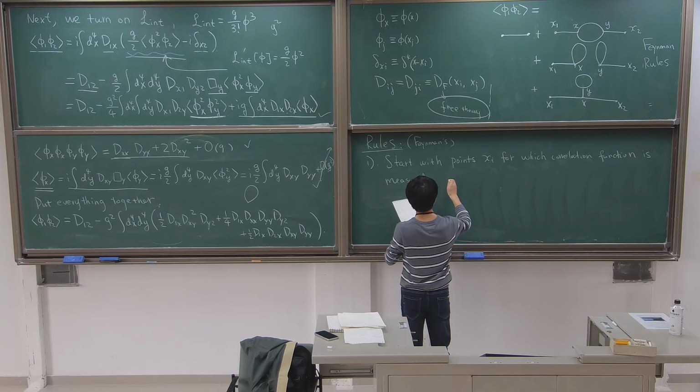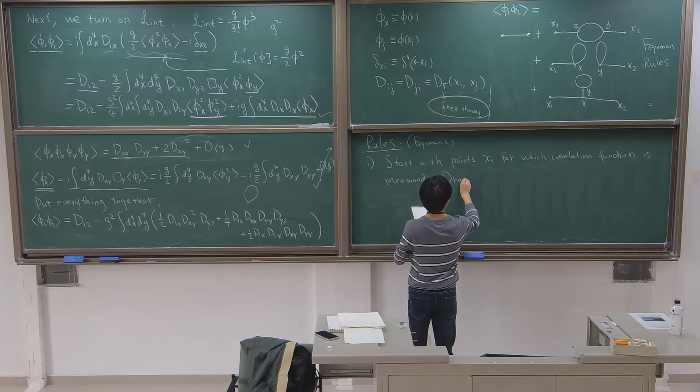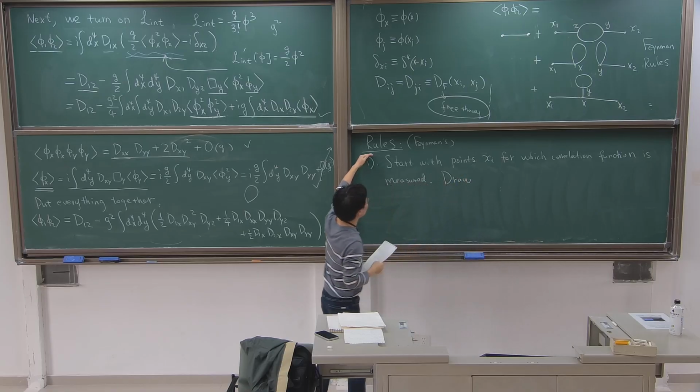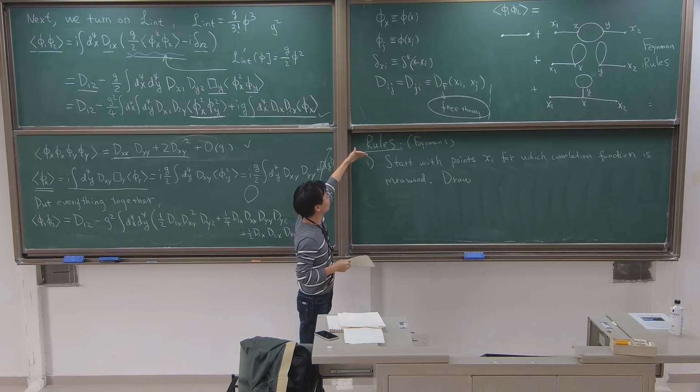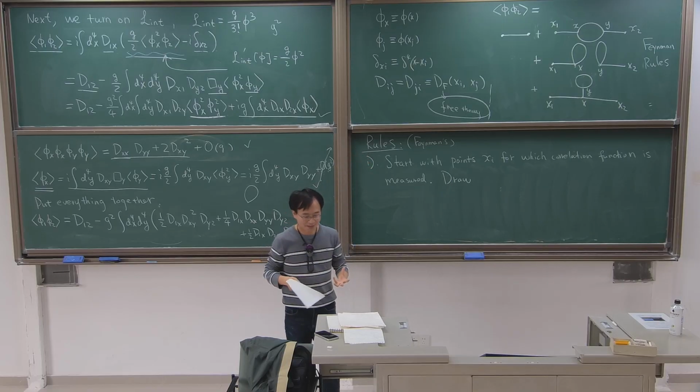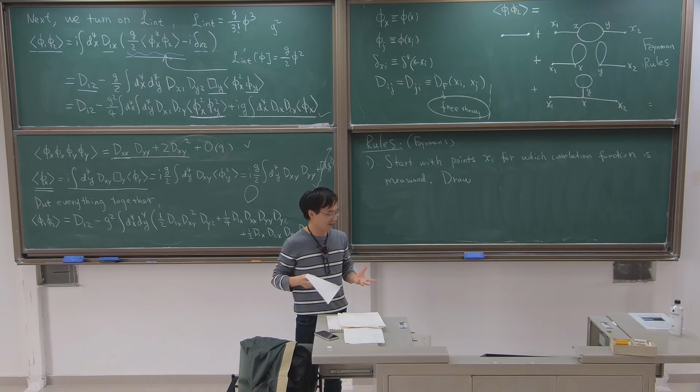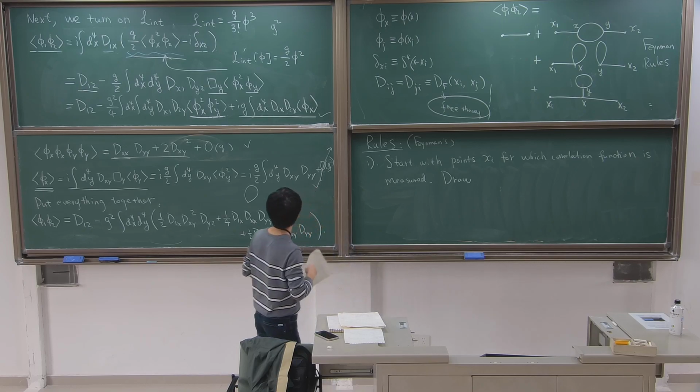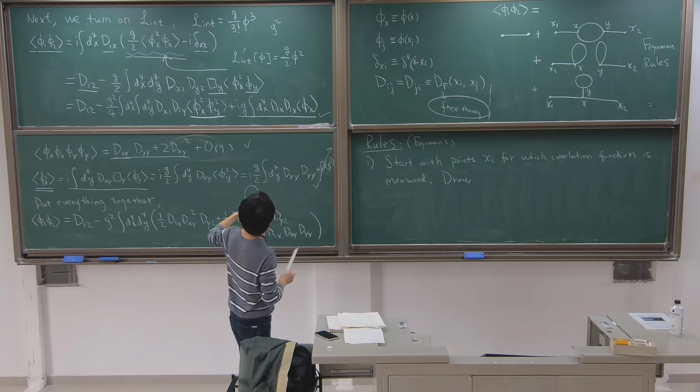Now start with this point and do what? You start to draw, right? Now by the rules, what we mean is that first you give me a definition for the object I want to compute. I want to save my time and directly write down the result without this tedious calculation.